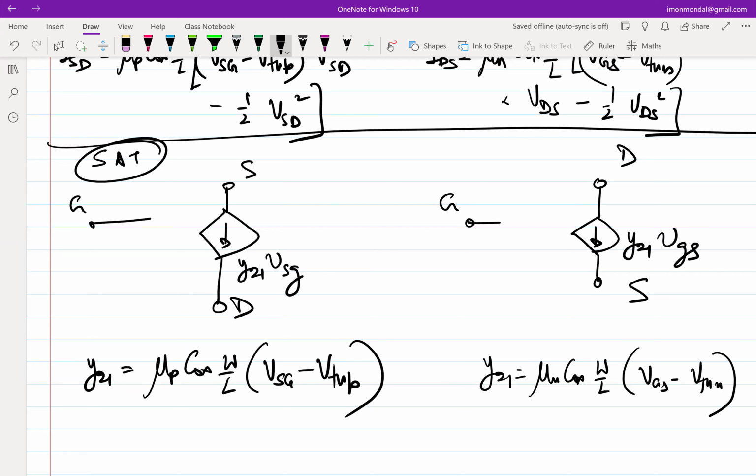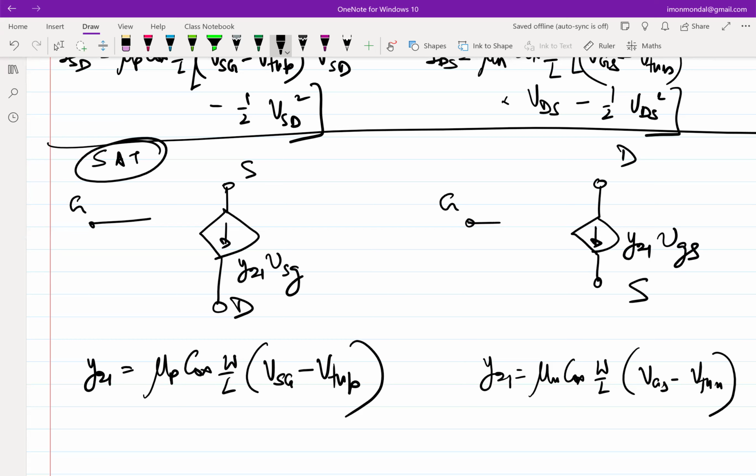Great. So now that I have drawn this, do you think the incremental model of the PMOS and the incremental model of NMOS are any different, or are they the same? No, look at it. They're identical, right? Incrementally these two devices are identical.